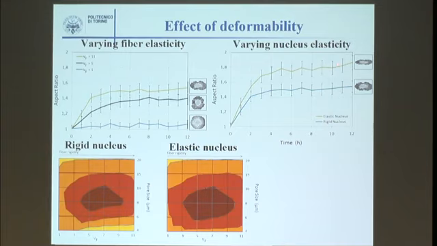Regarding the speed, you can look at this graph. This is the velocity for a given pore size: this is the elastic nucleus, and this is the rigid nucleus. When you have an elastic nucleus, the speed is much faster because the nucleus is squeezable, and the cell is able to pass through narrow pores.